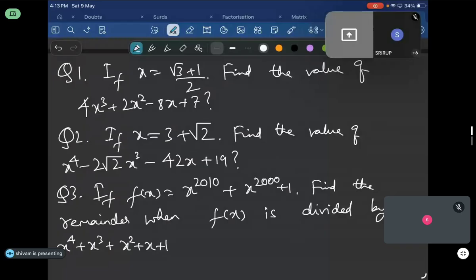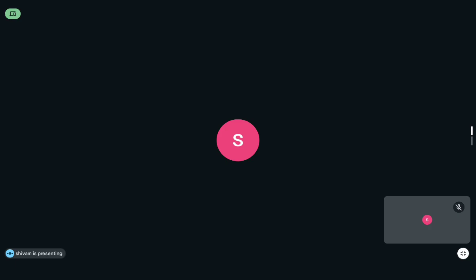Yes, Shiru, right answer. Your task is to keep on replacing x square. Or you can directly divide also.